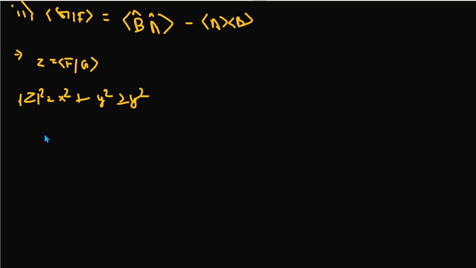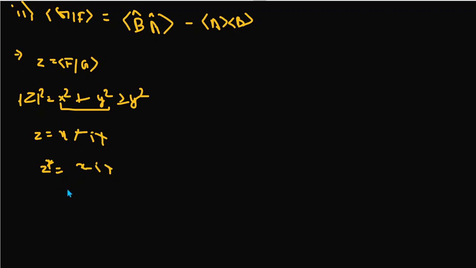Now, if you take z as x plus iota y, which is the general form of the complex number, then its complex conjugate will be x minus iota y.